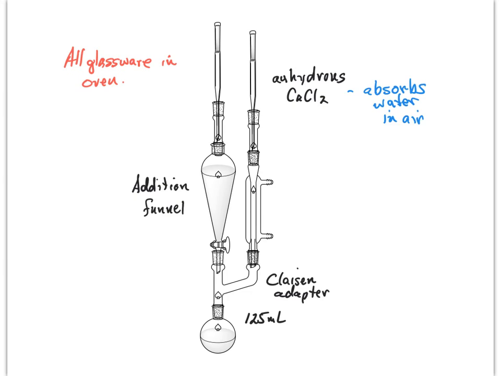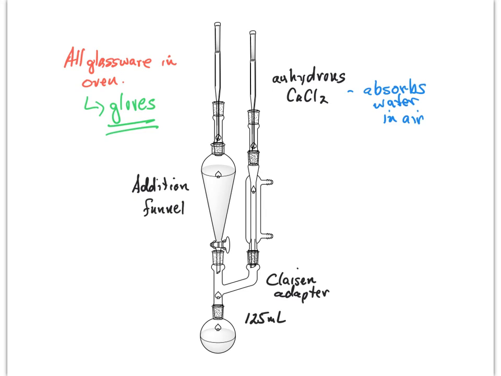So all of this glassware will be in the oven when you come in. The oven will be hot, so you're going to have to handle it with gloves. Don't forget, and burn yourself. Use the heat-resistant gloves as you set it up.